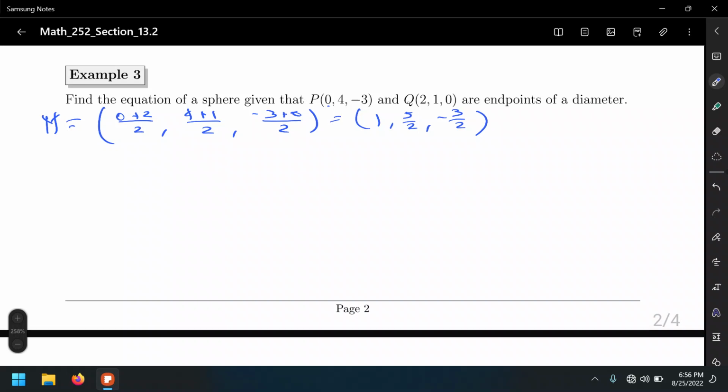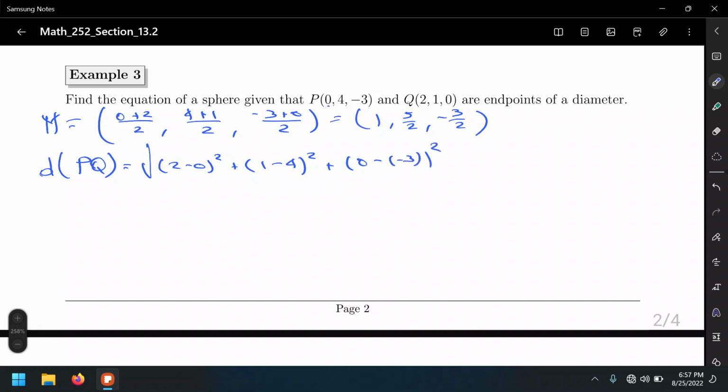Let's call the distance dPQ, to denote that this is a distance. It's the square root of the difference between the x's squared plus the difference between the y's squared plus the difference between the z's squared. So 2 minus 0, 1 minus 4, and 0 minus -3.